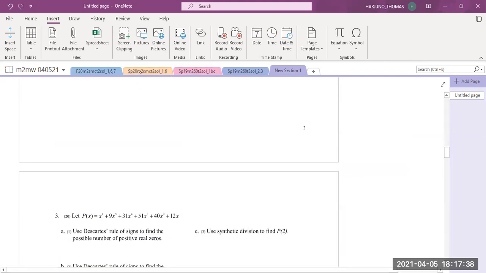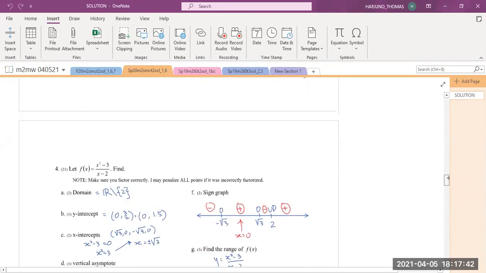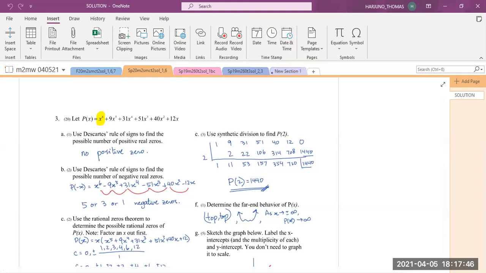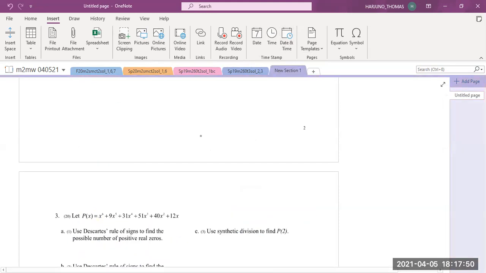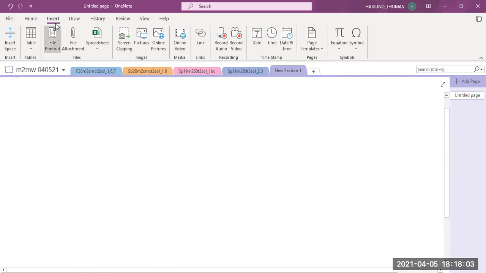Let me compare it to spring 20, okay? Spring 20, number 3. I have 12x at the end. Oh yeah, that's exactly the same. So no, we cannot use spring 19. I mean fall 19. Cancel that. My bad.